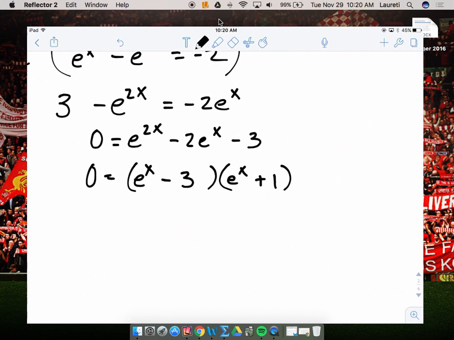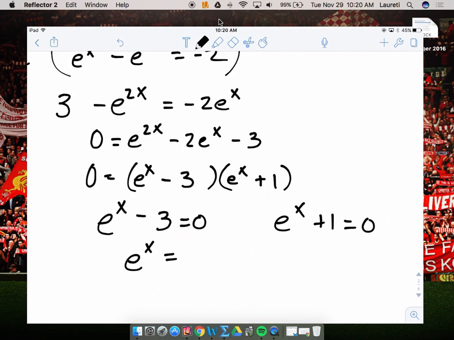So what should you set up from there? Good. So for the first one, you have e to the x equals 3. You move the 3 over, and then do what on both sides? ln, right?